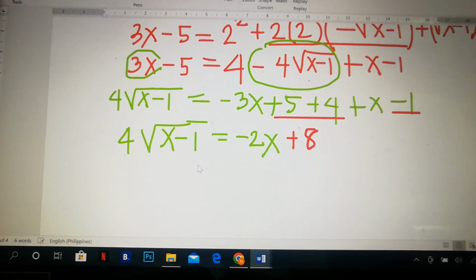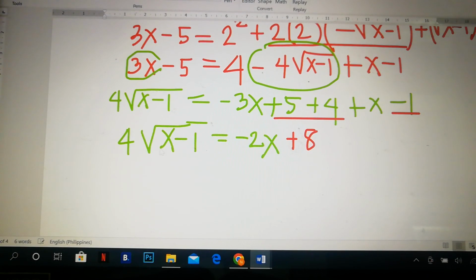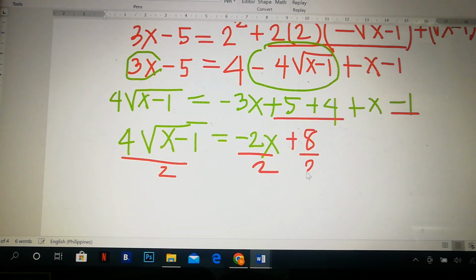Okay, so since the GCF of the coefficients of each term is equal to negative 2, then we can divide each term by 2. Divide this by 2, divide this by 2, divide the 8 by 2.